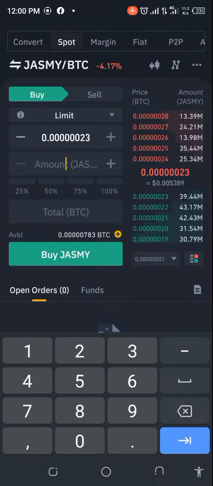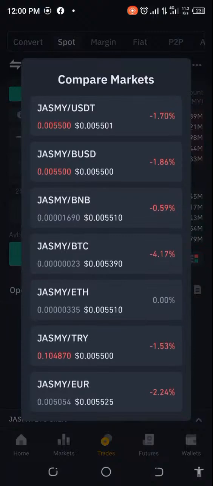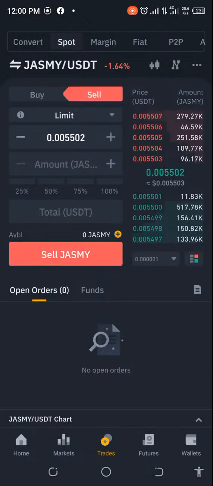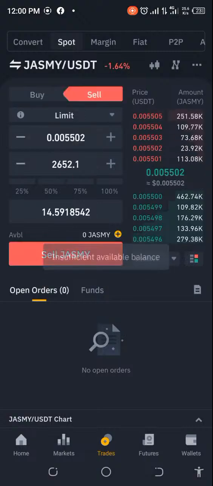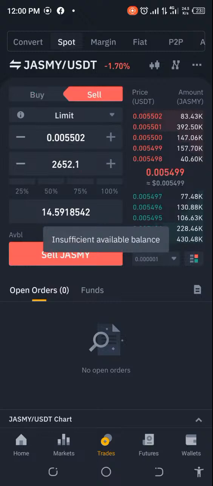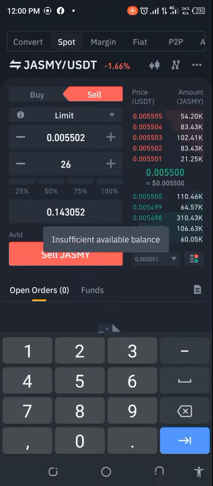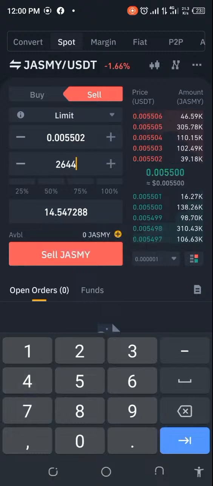In this simulation, we have to make sure that whatever we get is as close as possible to what we want. Then we're going to try and sell back to USDT just to be sure that we have profit here. I can see that we have profit, but like I told you, charges will be removed, so let me make this lower. Well, we still have profit. Let's go ahead and try this out.